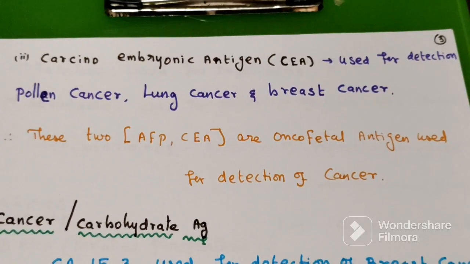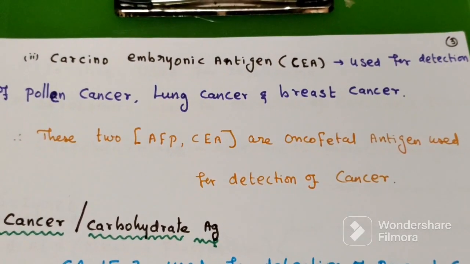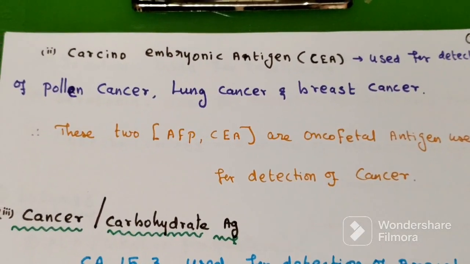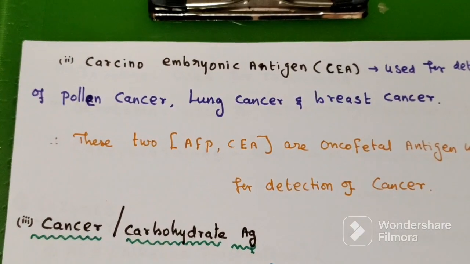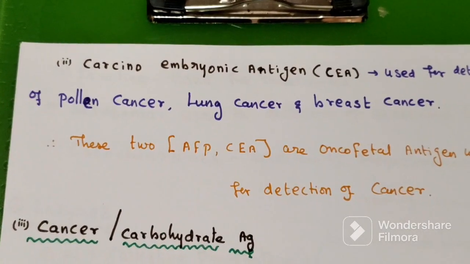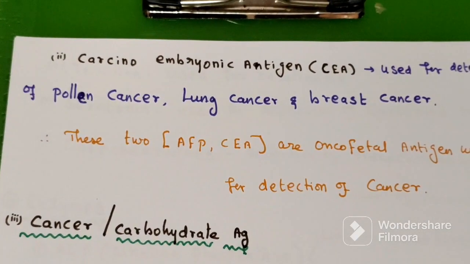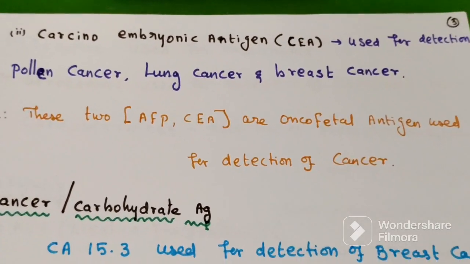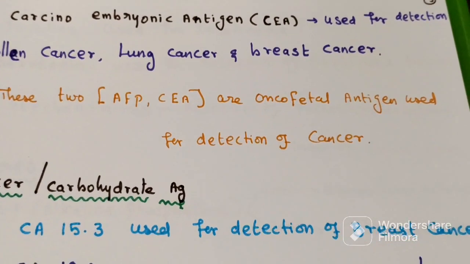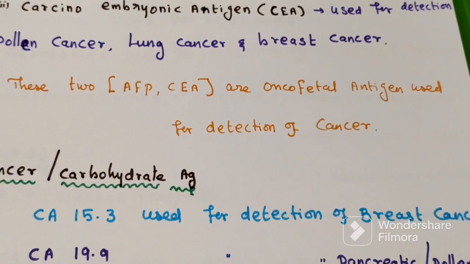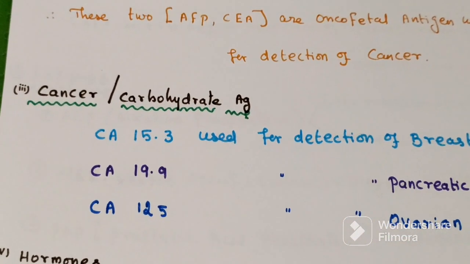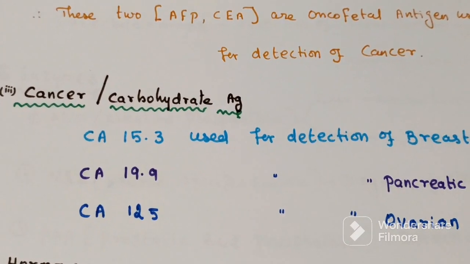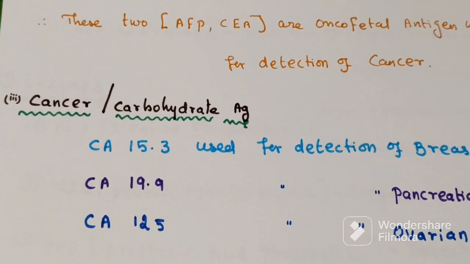These two, alpha fetoprotein and carcinoembryonic antigen, are oncofetal antigens used for detection of cancer.